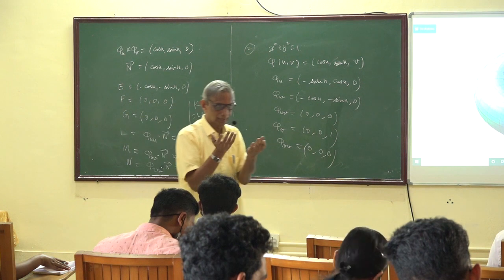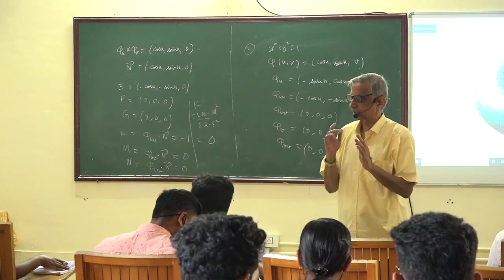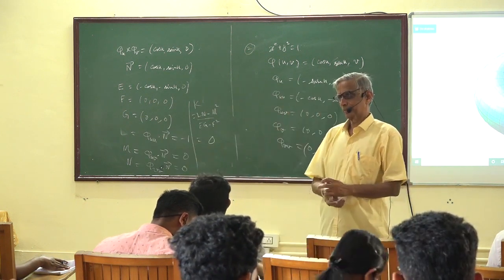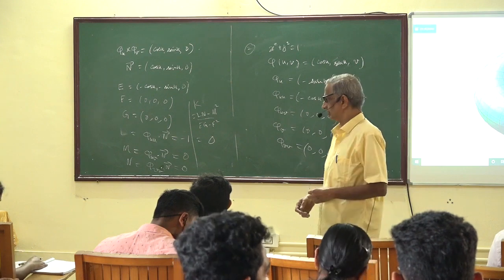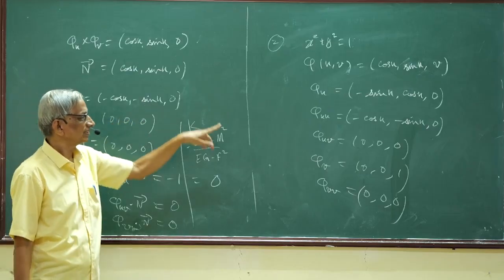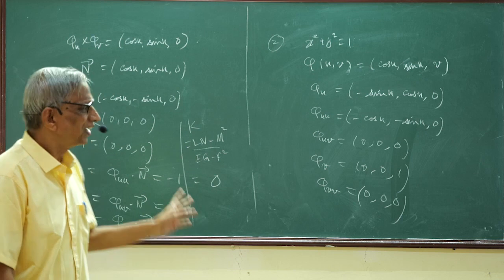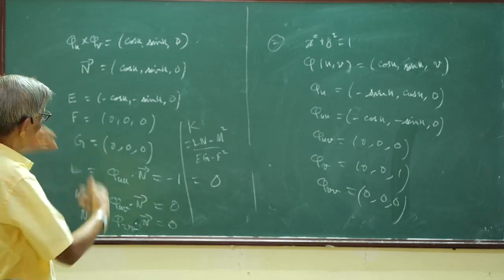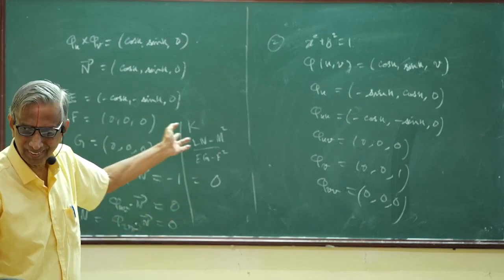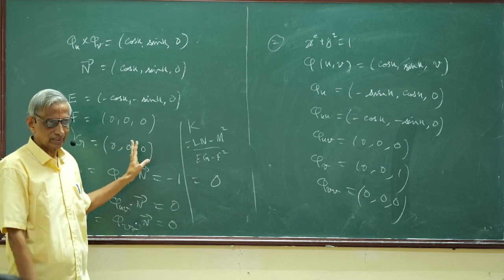So the cylinder has 0 curvature. See, these are numbers, right? E, F, G are numbers.